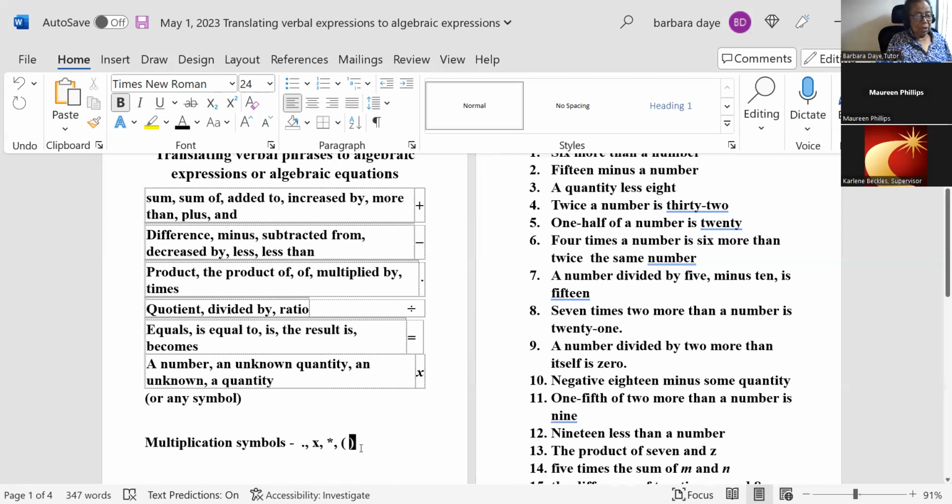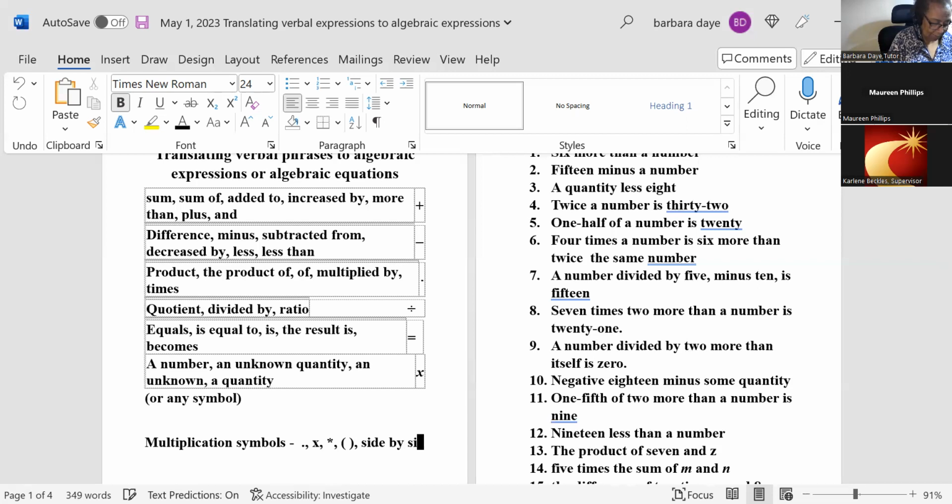And what's the last one? The last symbol. Those two little dots up and down is a ratio, that's division. But you could have side by side.